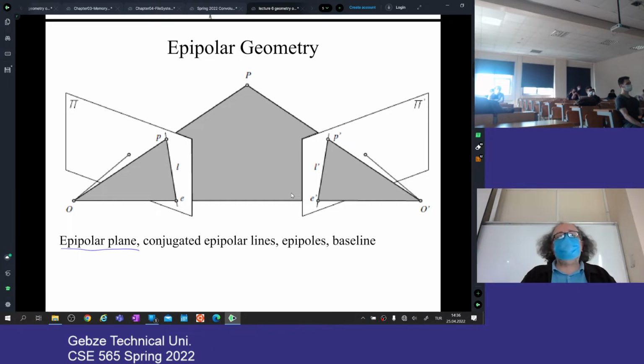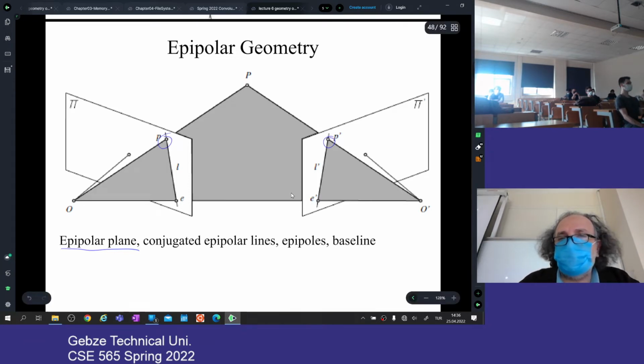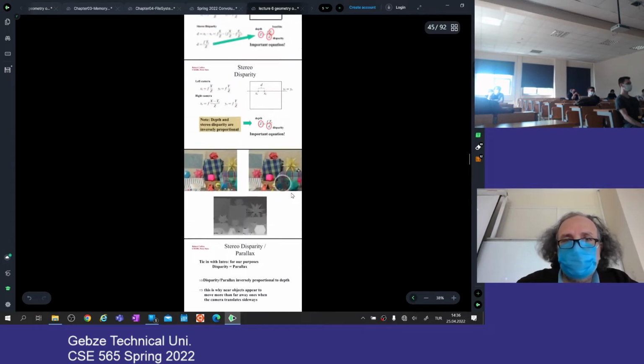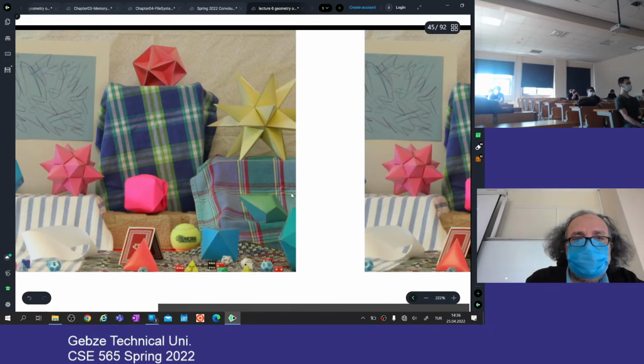Why is this plane important? This plane is important because to solve the correspondence problem, I mean to say that this P here corresponds to this P prime, I need to make a search.